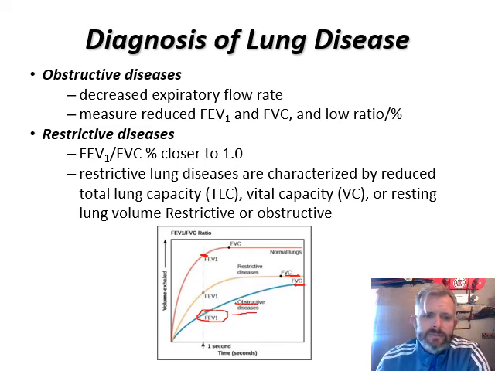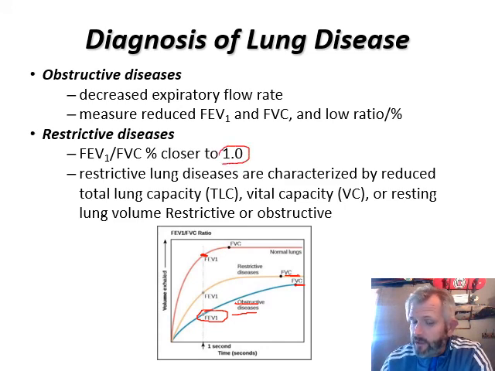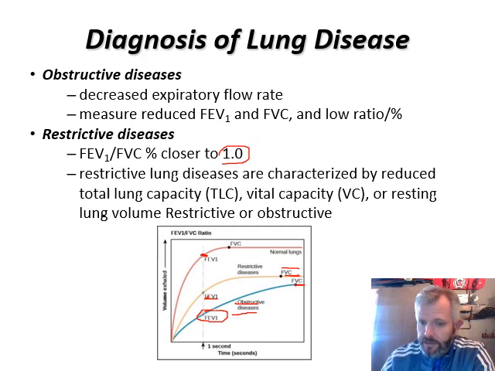All right, with restrictive, we may get closer to 1, or it may be somewhere in the normal range, but what did we see with restrictive? We see our FEV1 over FVC is in that normal range, 70 to 80%, but my FVC is greatly diminished. That might be a cue for a restrictive disorder.